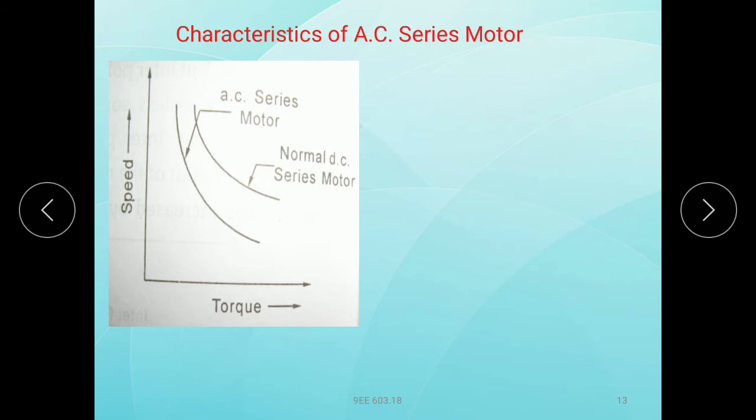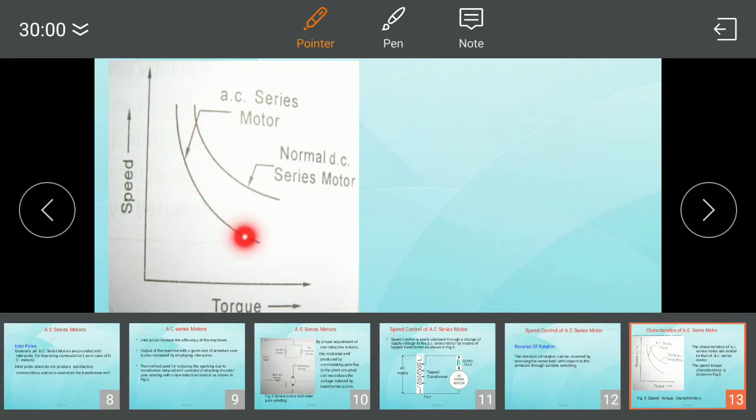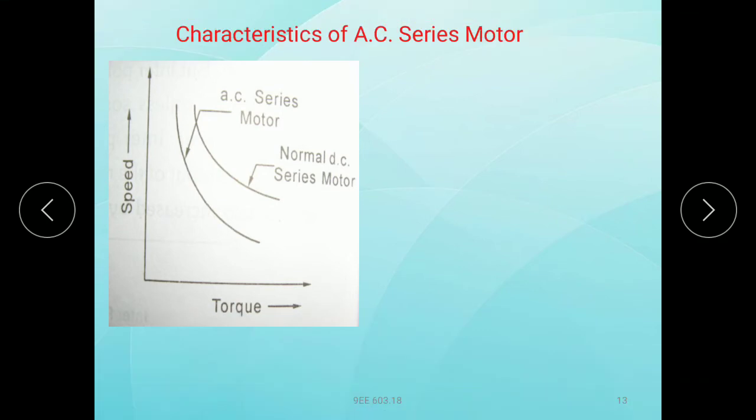The DC series motor has a similar characteristic graph, but somewhat better than the AC series motor, as it improves the torque speed characteristics.